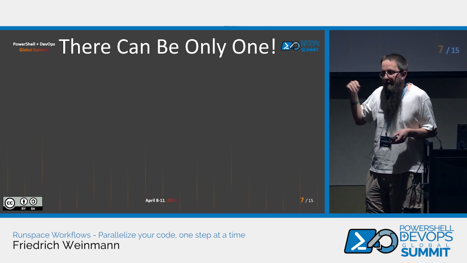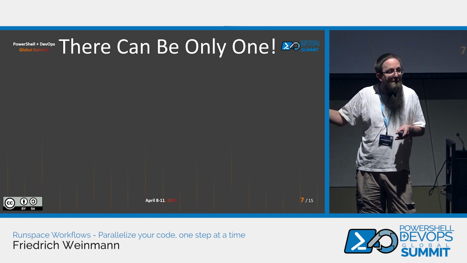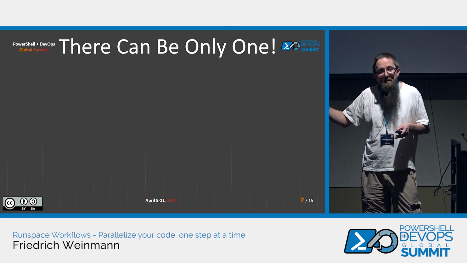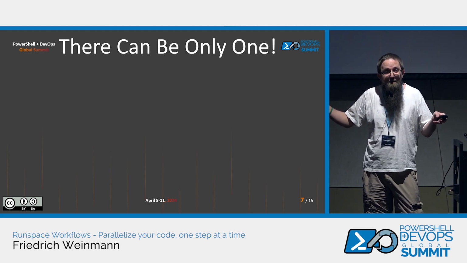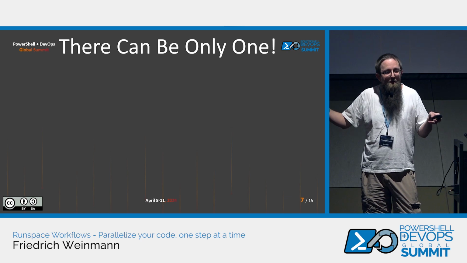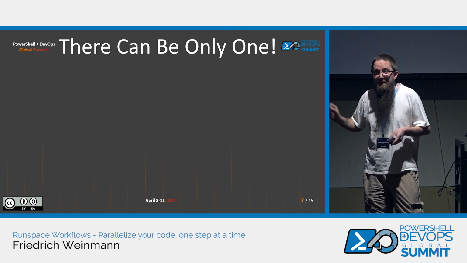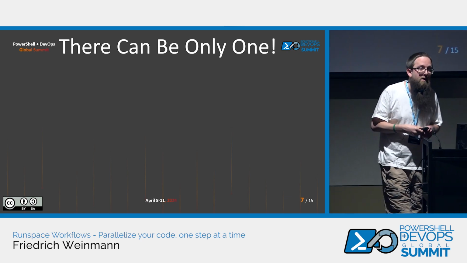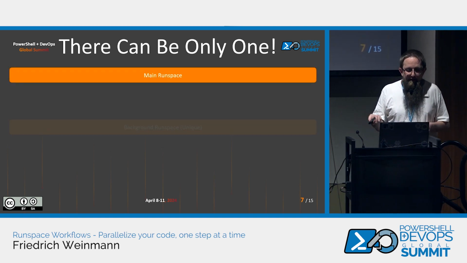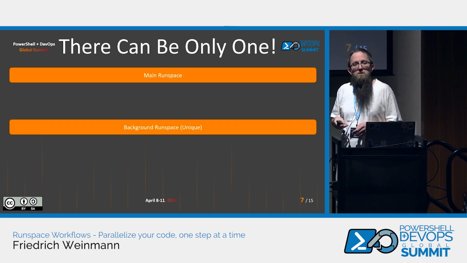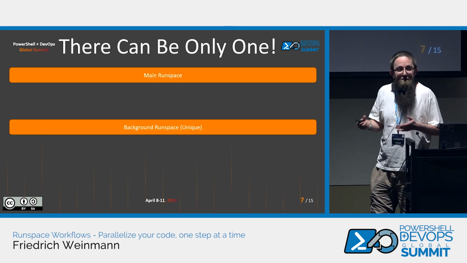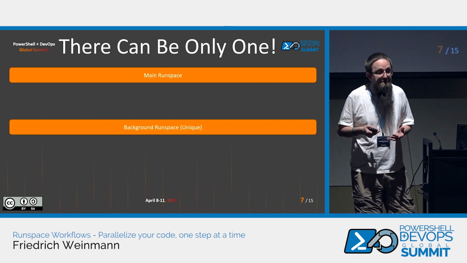Now imagine that background Runspace we're implementing later gets an update where it uses the module that is spinning up the Runspace. Oh, we've got an infinite loop of Runspaces being spawned. So we have a scenario where we want to have a unique Runspace per process that cannot be duplicated.